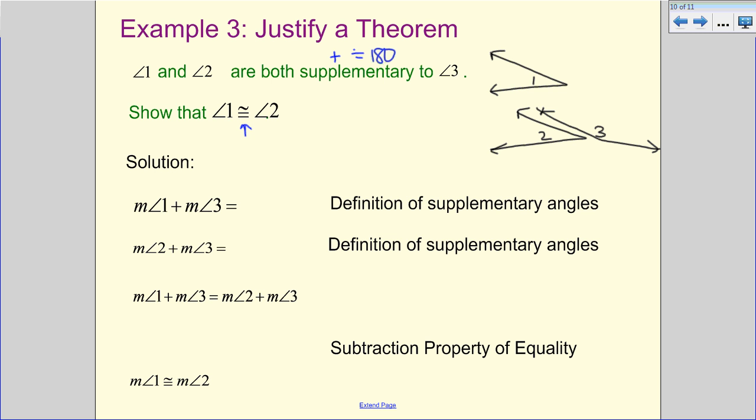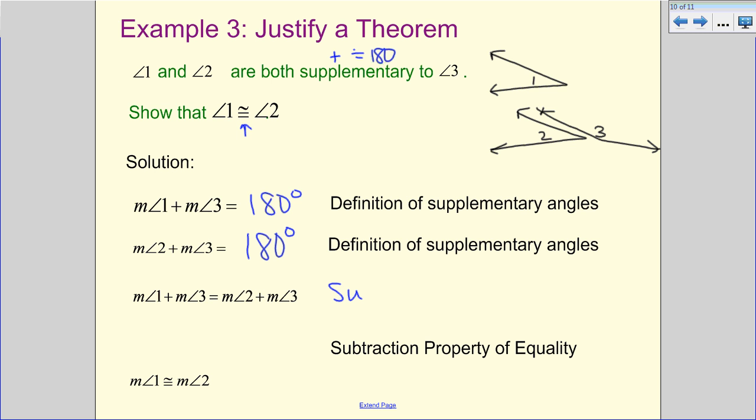So I know I should probably look at some of my congruency properties. So here we take a look. The definition of supplementary angles, the measure of angle 1 plus the measure of angle 3, is equal to 180 degrees. And we know that because angle 2 is also supplementary, that I need to say the measure of angle 2 plus the measure of angle 3 is equal to 180 degrees. So when we look at this, I can use substitution.